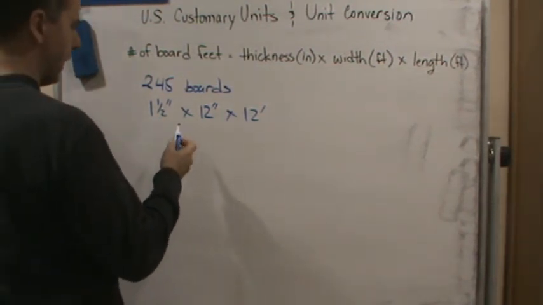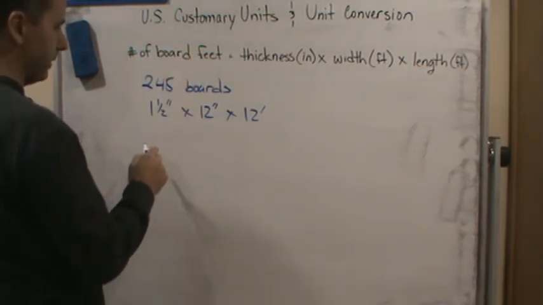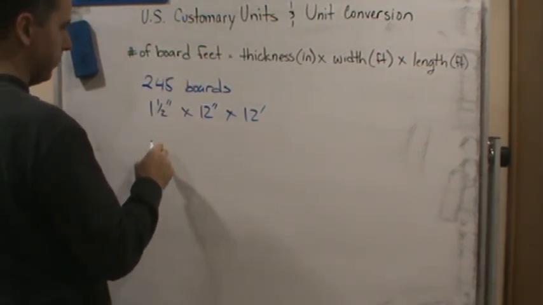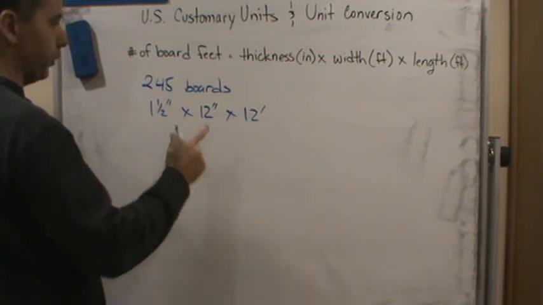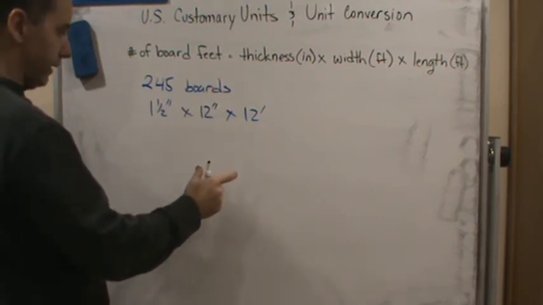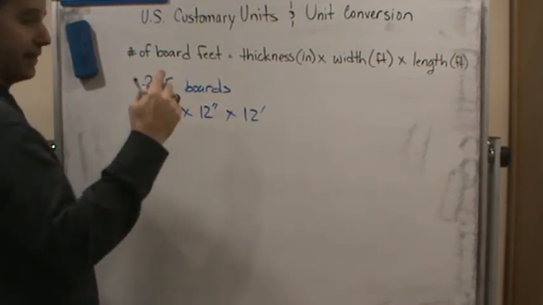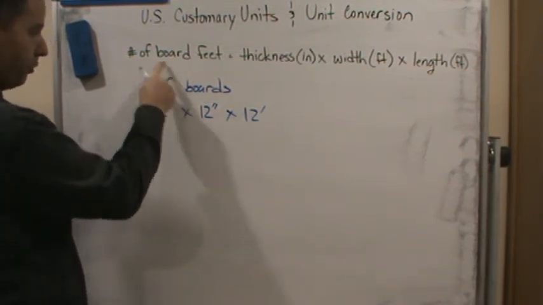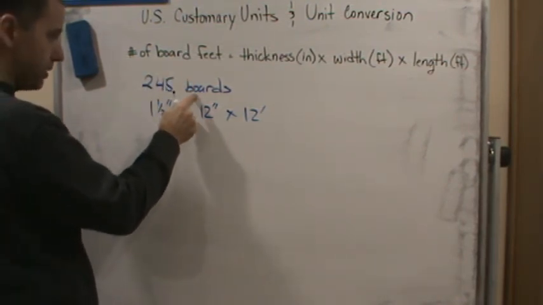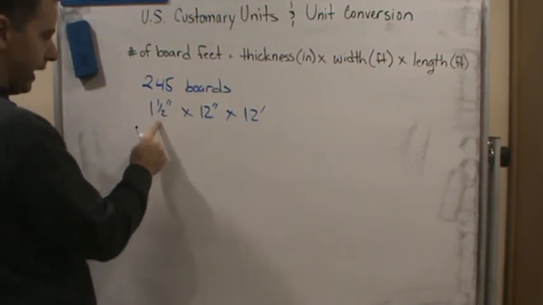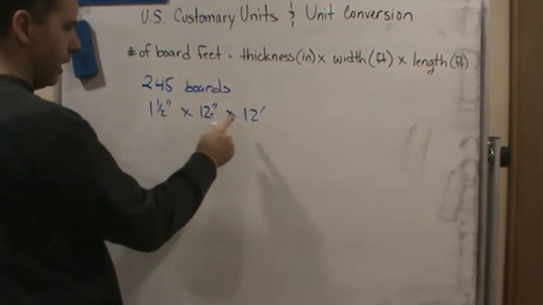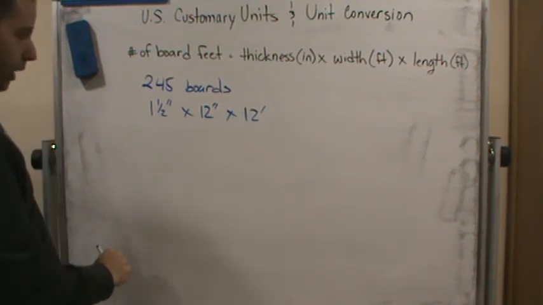So to get the number of board feet, we're going to get the number of board feet for each board, right? That's what this is going to give us. And then we're going to multiply that by the number of boards. So we have 245 boards. Each board is 1.5 by 12 inches by 12 feet long.